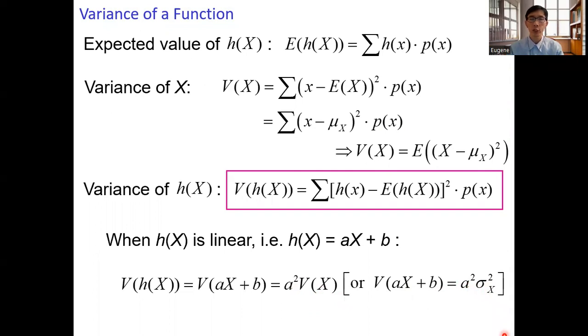For the standard deviation, we take the positive square root of the variance. So the positive square root of a squared times sigma x squared equals the absolute value of a times sigma x. This is the formula for computing the standard deviation of a function of a discrete random variable.